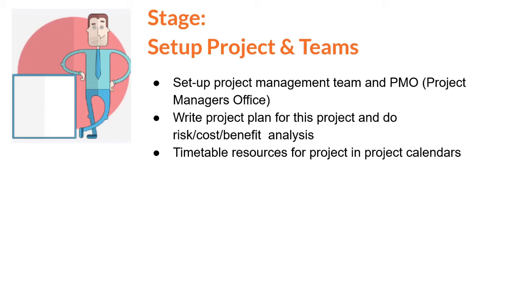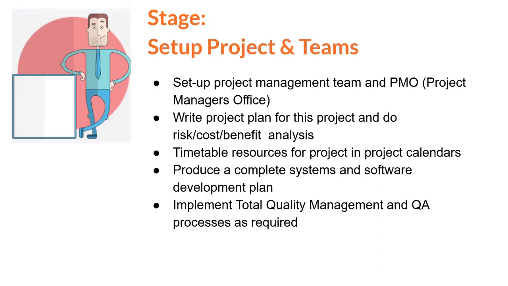We produce a complete systems and software development plan. So this will be used by the development teams to start producing components of the system. We implement total quality management and other quality assurance processes to make sure that the quality of the work that we're producing, our plans, our software and our systems is of a high standard.